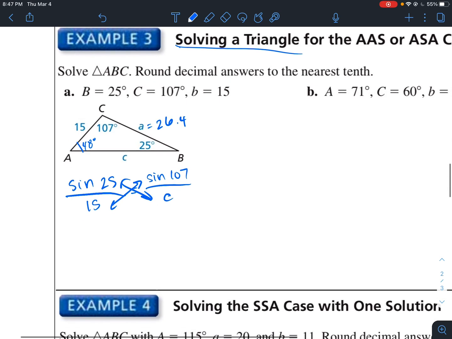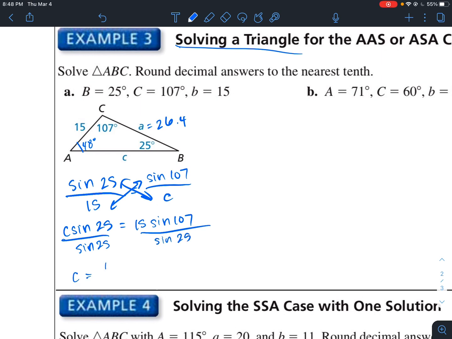So I know that C sine of 25 is equal to 15 sine of 107. Divide by sine of 25. So C is equal to 15 sine of 107 divided by sine of 25.